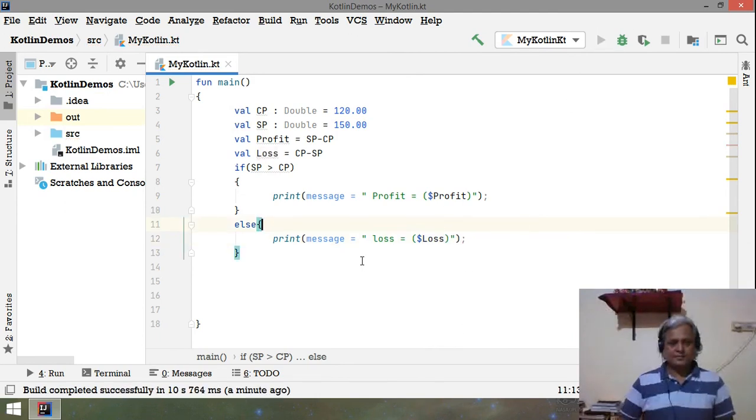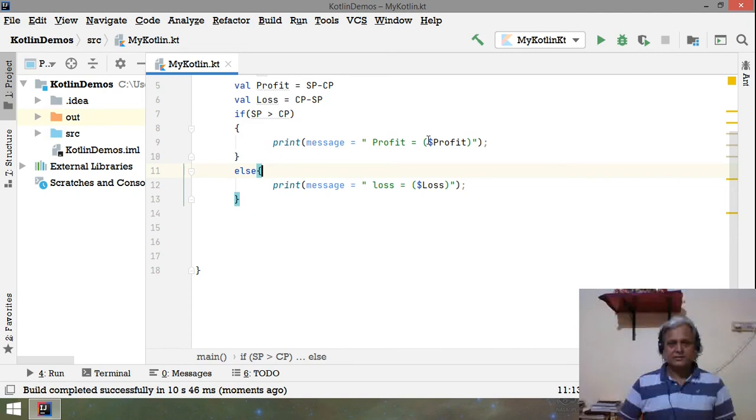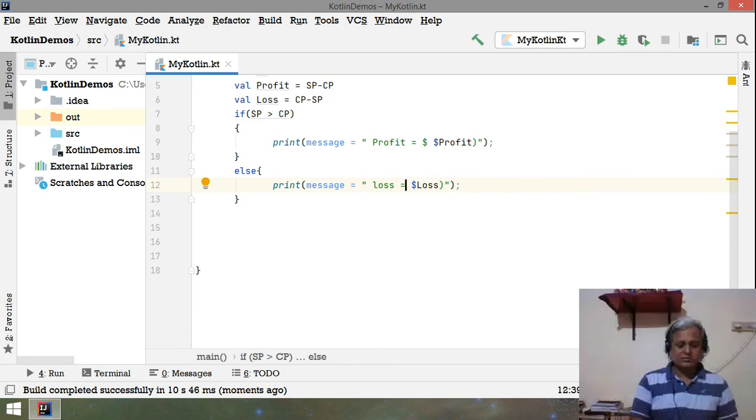Now 120 and 150 remain the same, and you will only see the difference in the result. So now you see the profit is 30. Why is it coming in parentheses? Because I have placed it in parentheses. If I do not want parentheses, I write profit equals dollar, assuming that the currency is dollar.